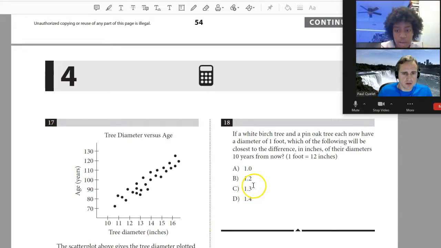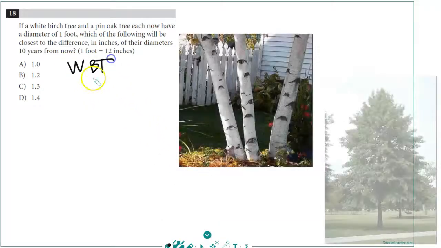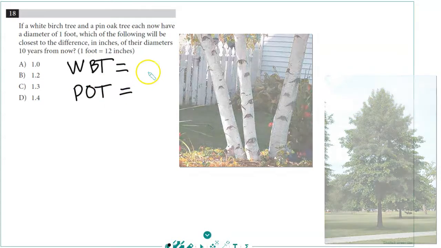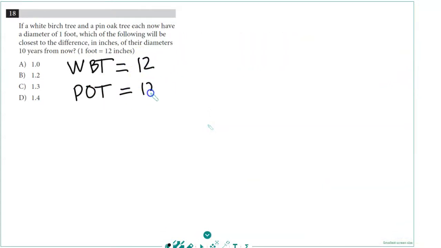And that one's by 5. So we have the pin oak tree and the white birch tree, and they're both equal to 12 for x. x1 and that's x2. We want to go 10 years from now.